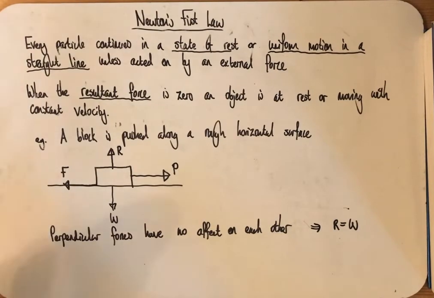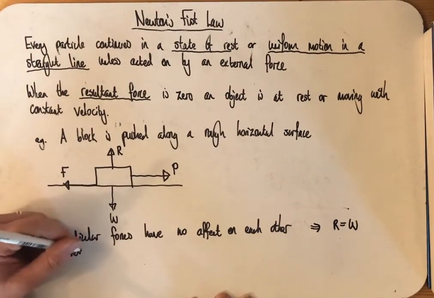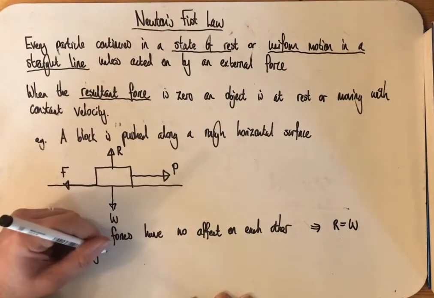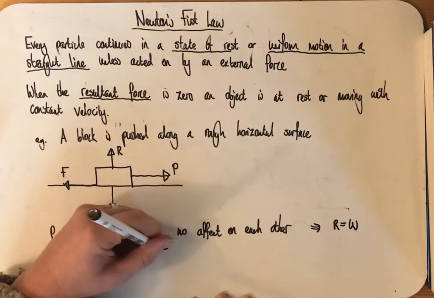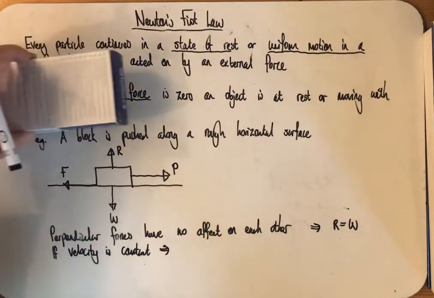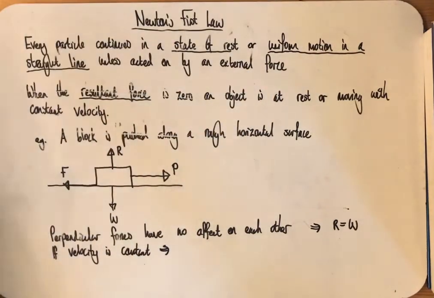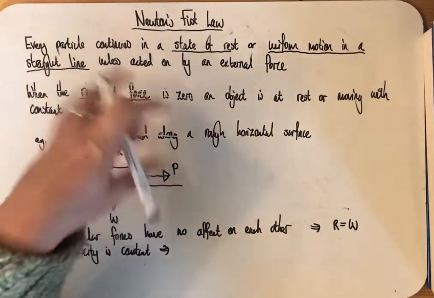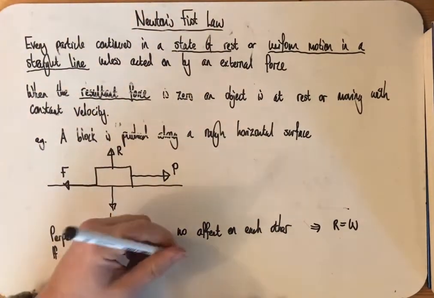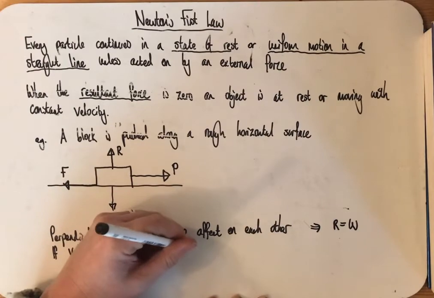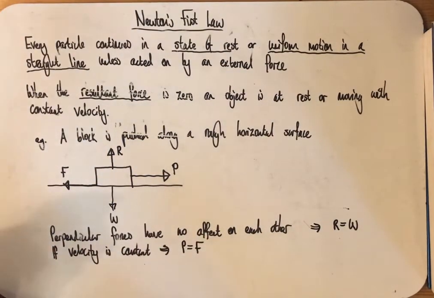If it's moving with constant velocity, so if I'm moving it along at a constant velocity, then the pushing force, sorry, I've scrubbed my writing a bit, the pushing force is equal to the frictional force. So P equals F.